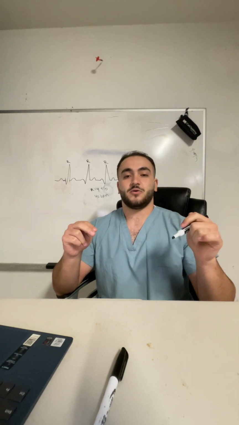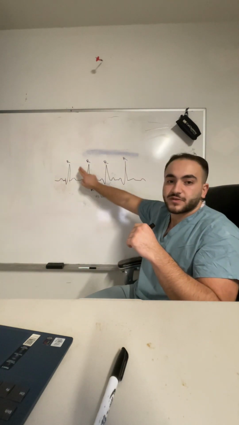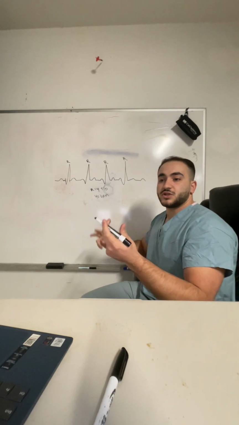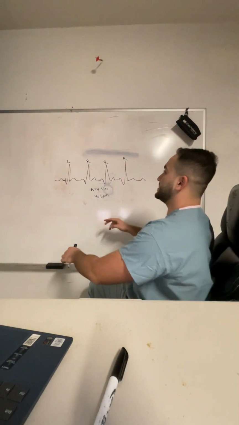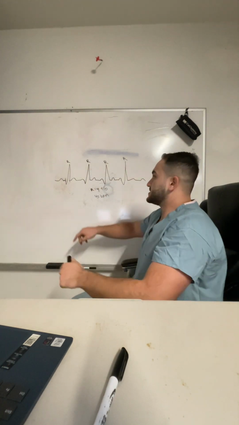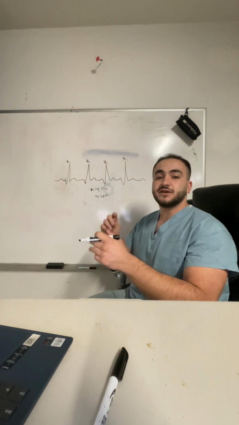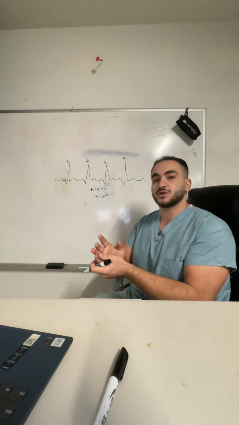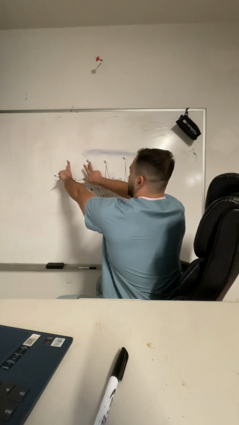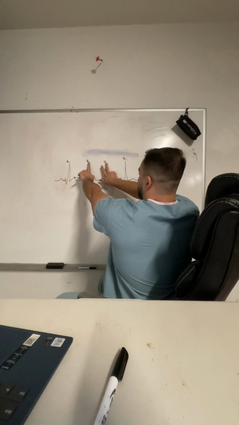Now how do we determine that on an EKG strip? I can't feel the electrical impulses on the EKG. So we're going to measure the distance between the R's, because each R, each peak, each QRS complex gives us that heartbeat, that ventricular contraction. So here's this R to R. Is it the same as this R to R?